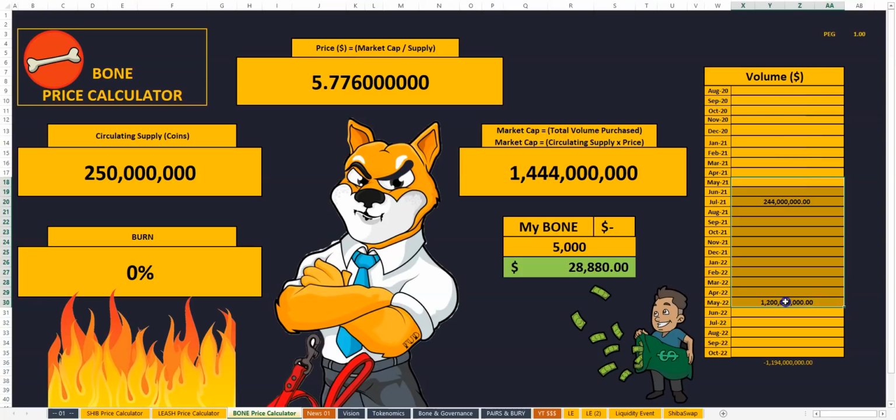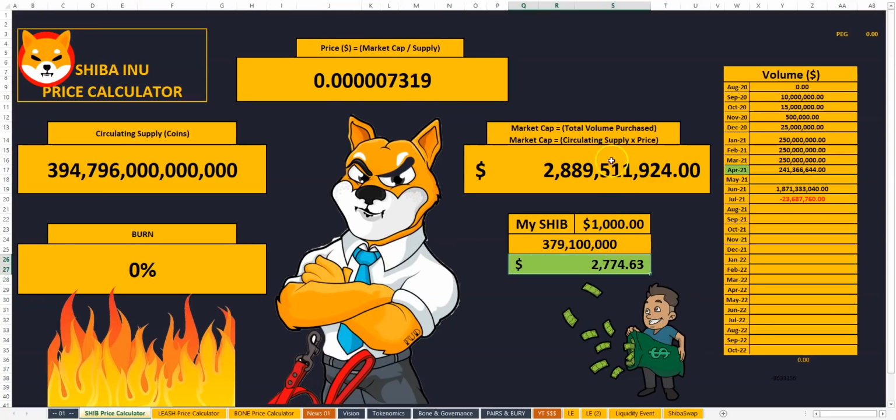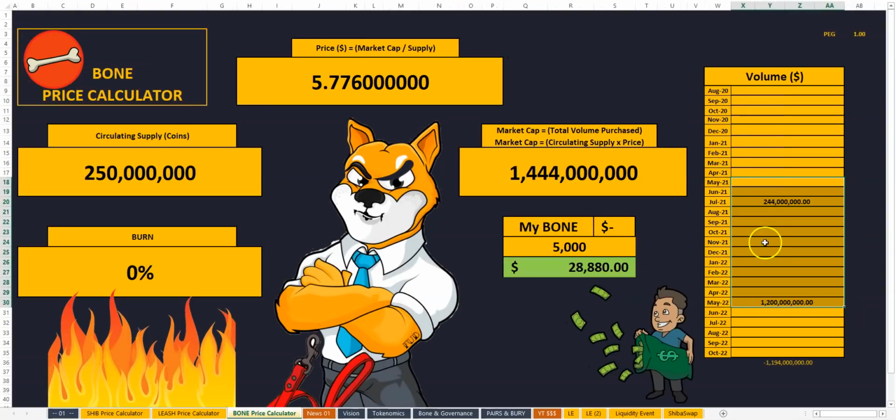And that may seem high, but currently our market cap for SHIB is 2.8, and we've maxed before at about 14 billion. So there's definitely room in the Shiba ecosystem for these to grow. So I'm still being extremely conservative.